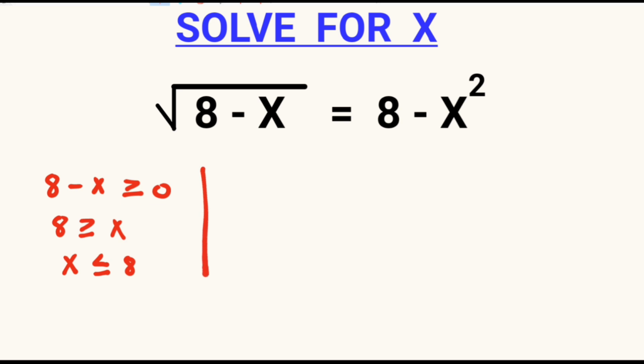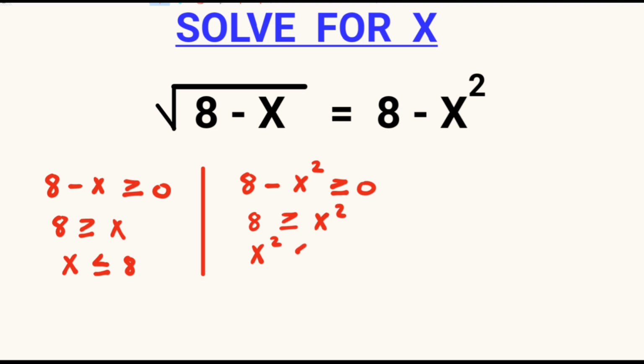Defining conditions for the right side of the equation, the 8 minus x squared must be greater or equal to 0. The 8 must be greater than or equal to x squared. The x squared must be less or equal to the 8.